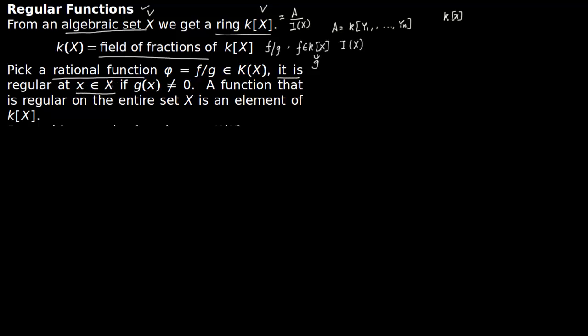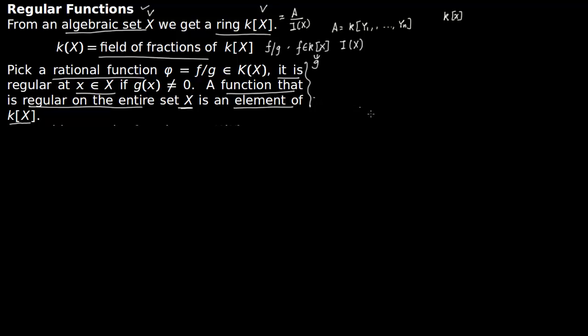So you pick a point on your algebraic set X, if the denominator is not 0, and a function that is regular on the entire algebraic set X becomes an element of K of X. So you have a rational function on a point, but if you take this rational function on the entire set, it becomes a polynomial. So let us talk a bit more about this.